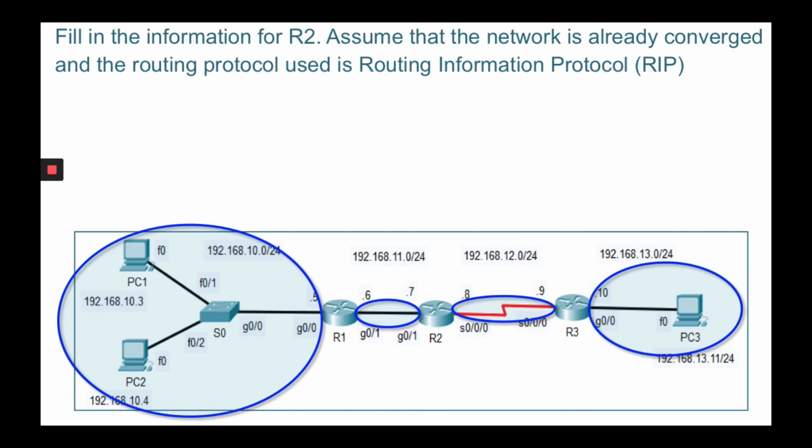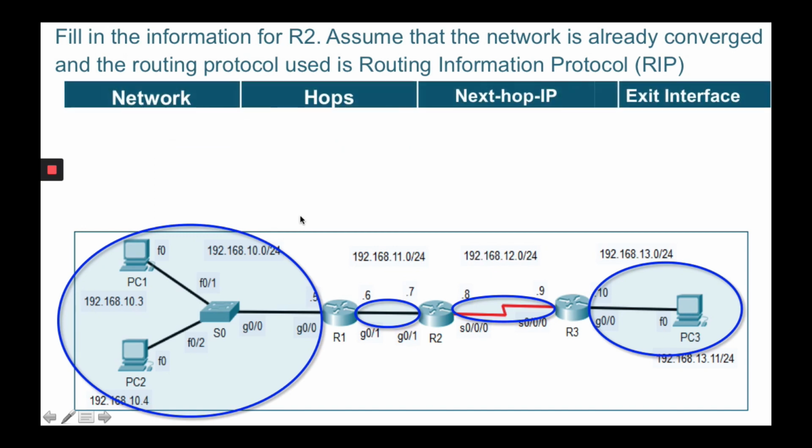Let's take another example of the second scenario. Fill in the information for router 2. Assume that the network is already converged and the routing protocol used is the Routing Information Protocol. I have a network of 192.168.10.0. Is router 2 directly connected to the network of 192.168.10.0?